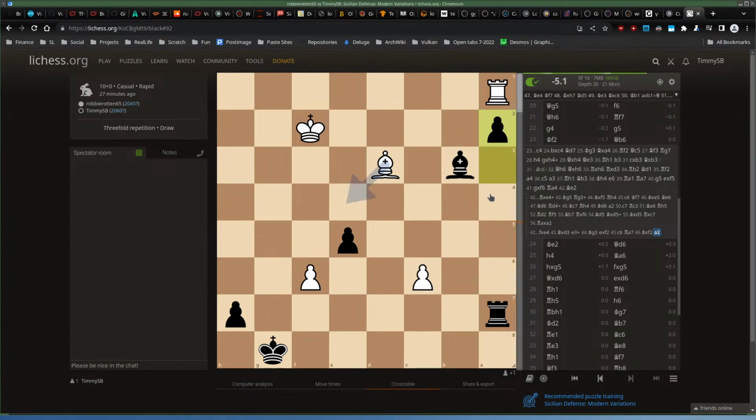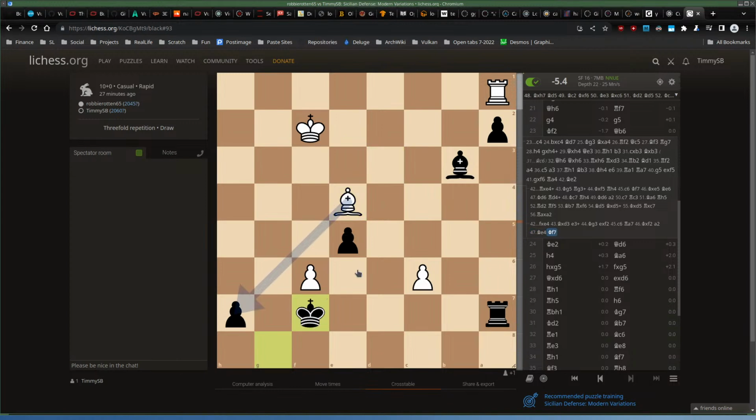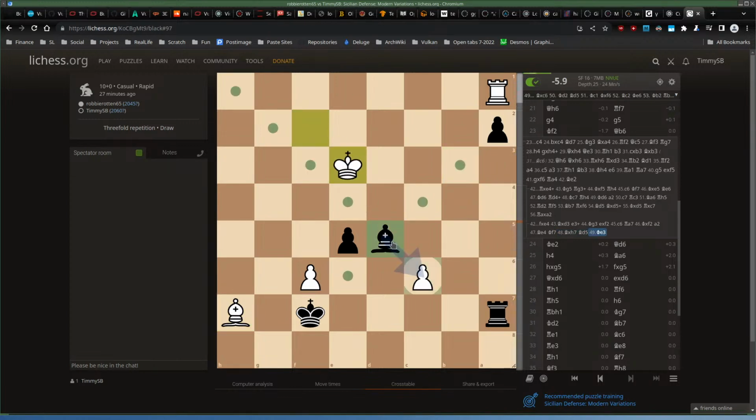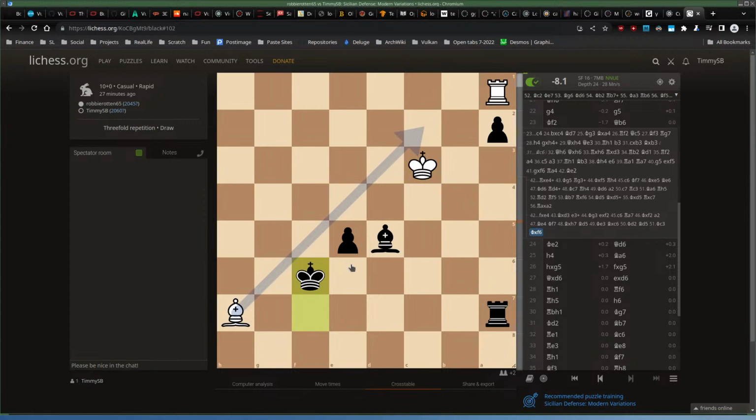Why am I winning? There is no difference with the previous one. I also had a free pawn there. Okay, this one is already almost at the other side. The other one was still here. King comes closer. We eat everything.